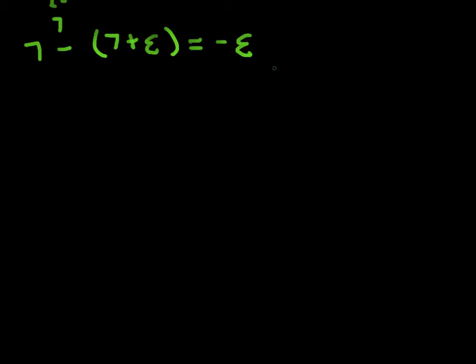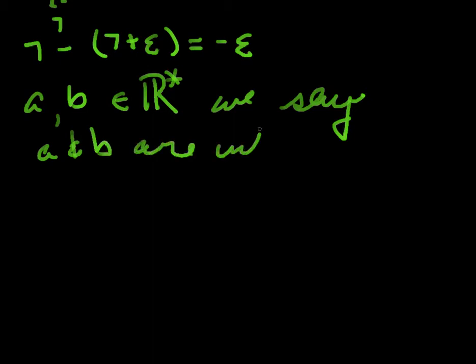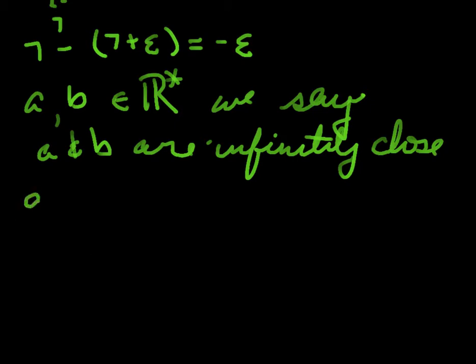If a and b are hyperreal numbers, right, remember that notation, we say that they are infinitely close, and we'll say A is infinitely close to B if A minus B is an infinitesimal.